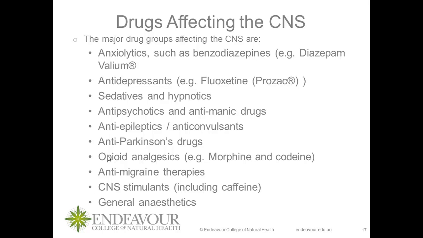Anti-migraine therapies, once again, work in the CNS, work on the neurotransmitters, and we'll see that some of the neurotransmitters that mediate the headache are also mediating pain, pain perception, and pain transmission. And so the anti-migraine therapies will not only be affecting the headache, but the pain.